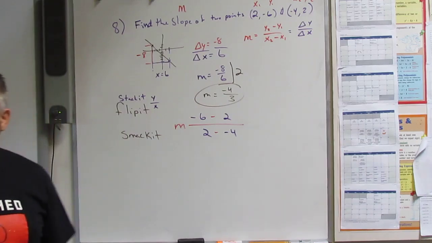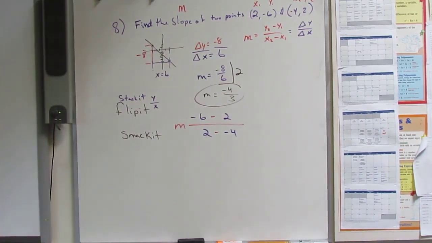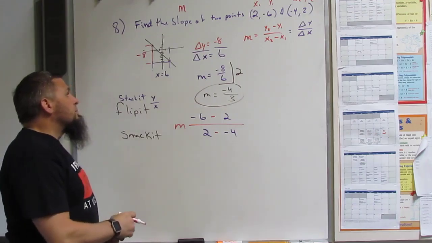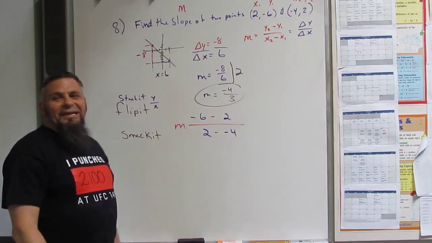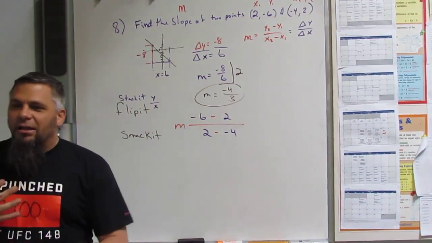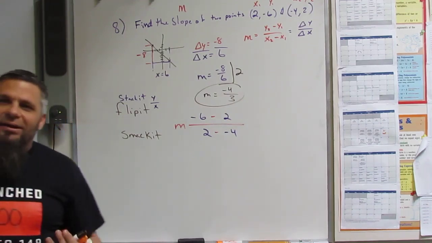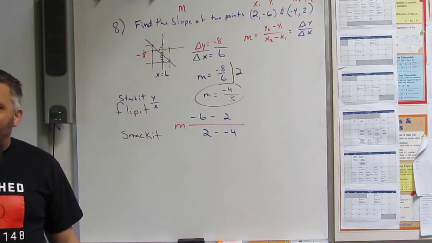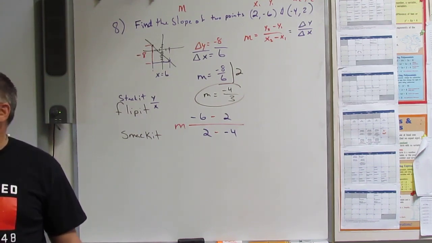Yeah. It says y2 minus y1. Why is it y1? Exactly, right? So the way I always do it is, and in the books they always have it as y sub 2 minus y sub 1, right?